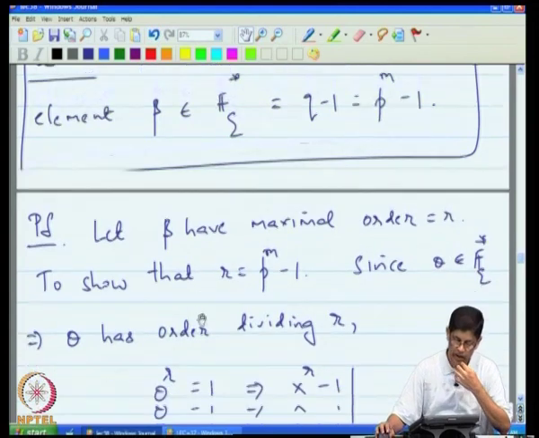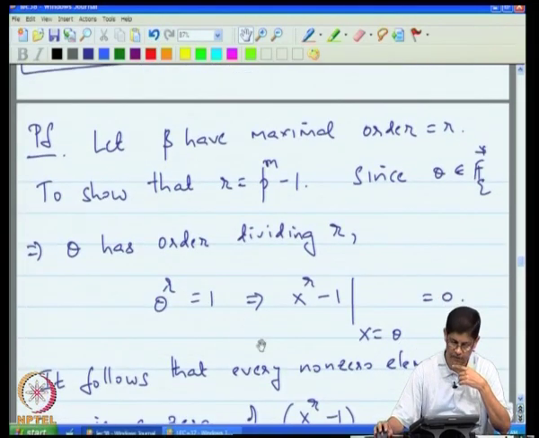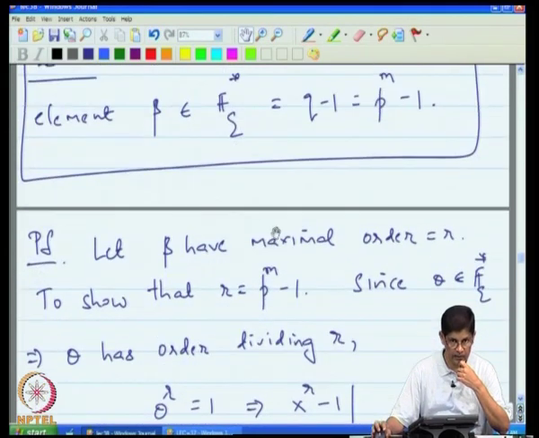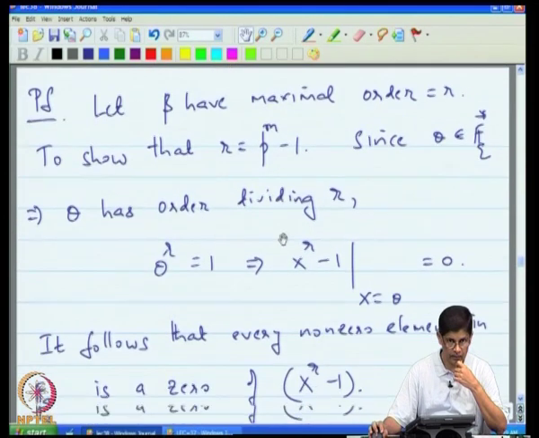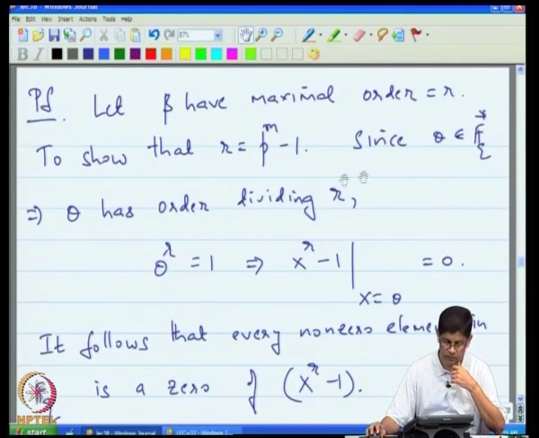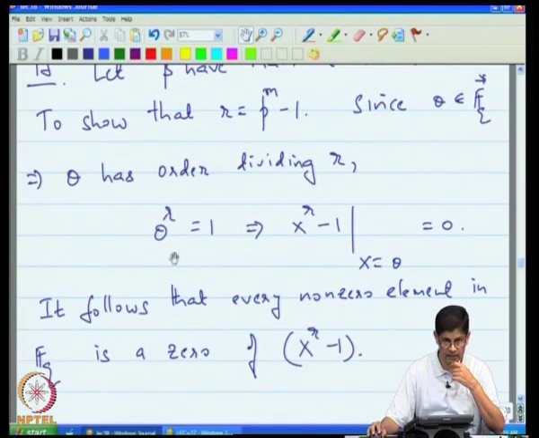All right. How do you prove that? The proof is straightforward. Let beta have maximal order R, and we want to show that this R is q minus 1, or p to the m minus 1. Now, if theta belongs to F q star, then theta must have order dividing R, which means that theta to the R is equal to 1, which means that theta is a 0 of the polynomial x to the R minus 1.